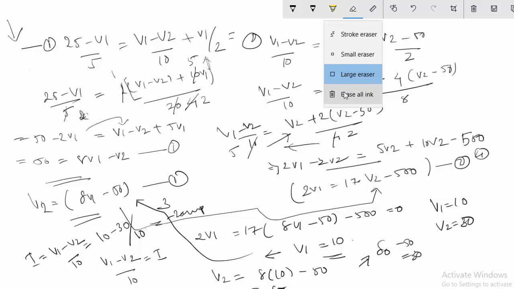What we have found so far is that V1 is equal to 10 and V2 equal to 30 and I equal to V1 minus V2 divided by 10.